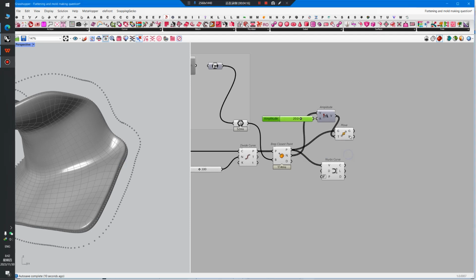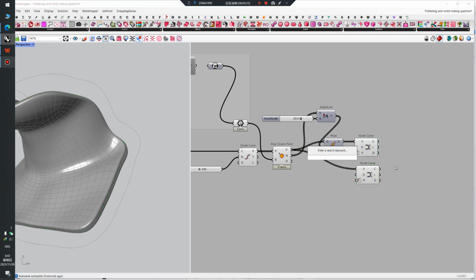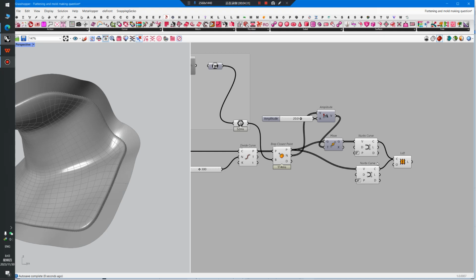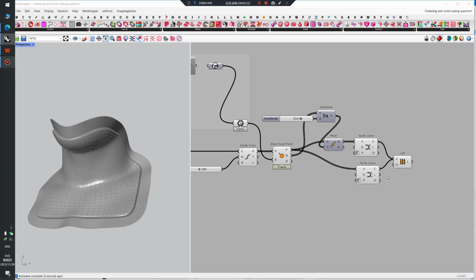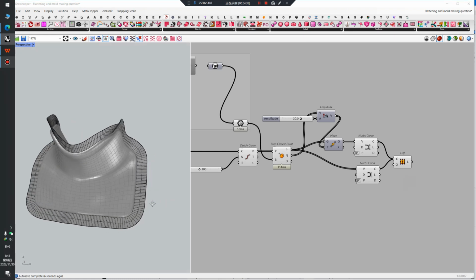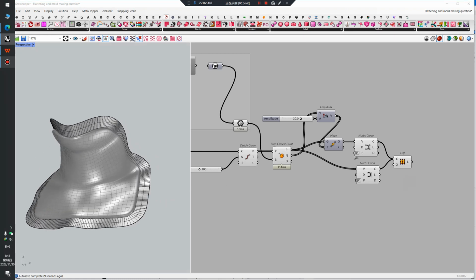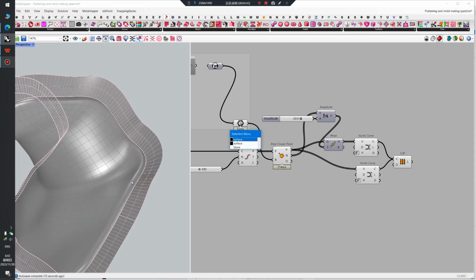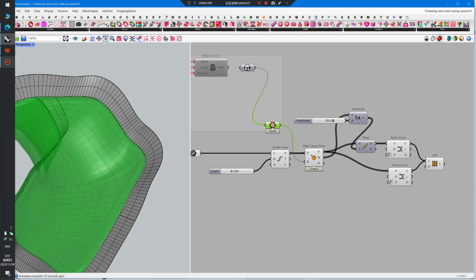Anyway, so we get these points, and we make nerve curve out of it. So we get two curves. Then we loft it. So we get the surface, and it's a very clean surface, as you can see, very clean. Then we use this, we bake it back again, use it to cut the B-wrap.